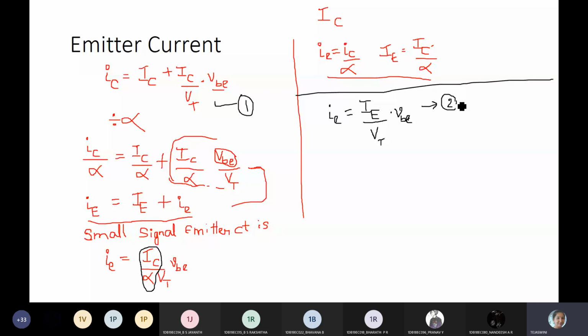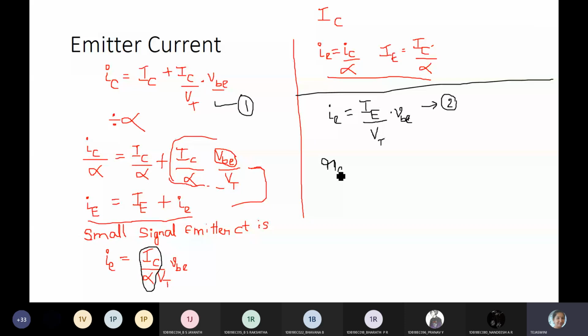Now if I want to find the resistance with respect to the emitter, I'll write the resistance as RE, the input resistance. What notation have we used for base resistance?